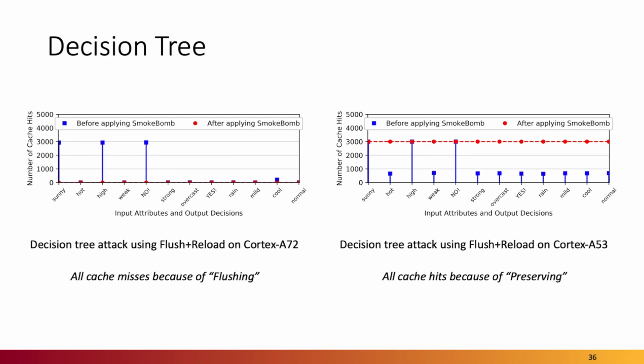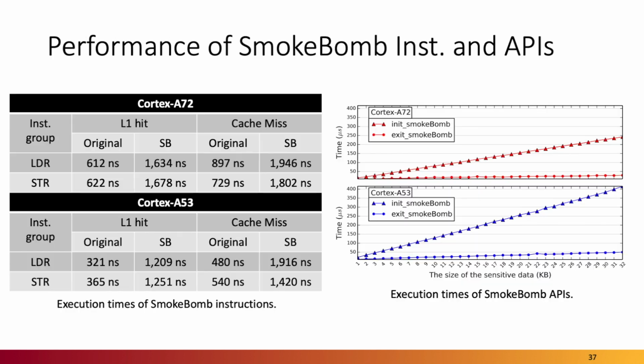We also evaluated the effectiveness of SmokeBomb with the decision tree. Without SmokeBomb, attackers can find input attributes and the output decision. But with SmokeBomb, attackers can only have either all cache hits or cache misses.